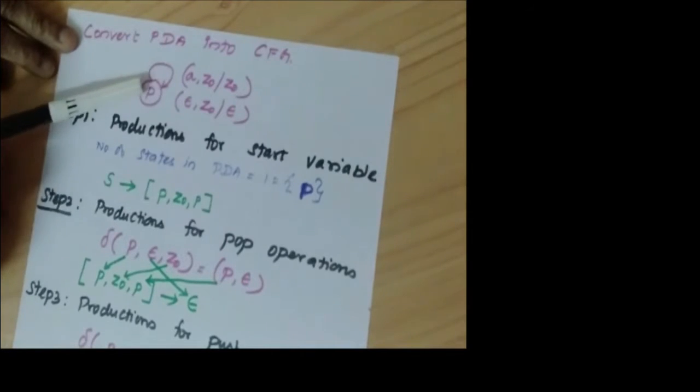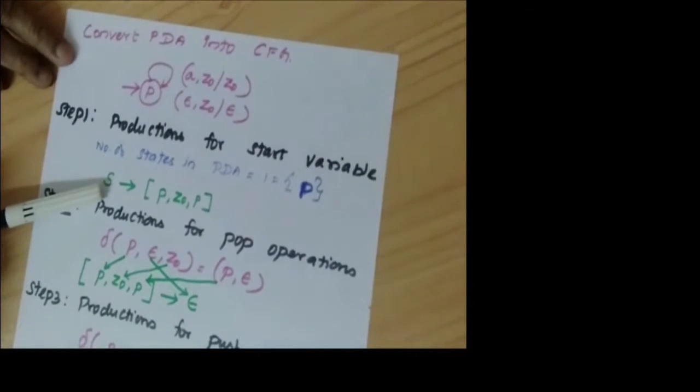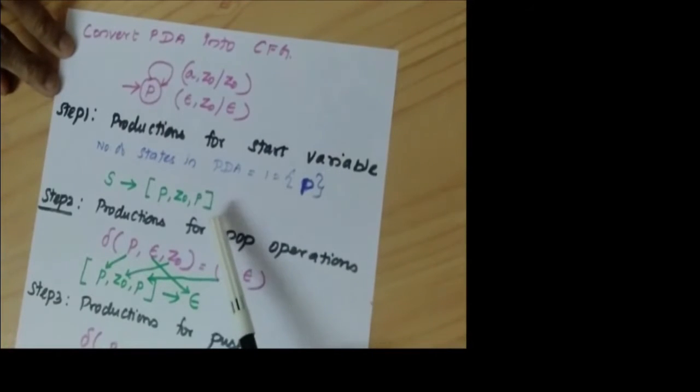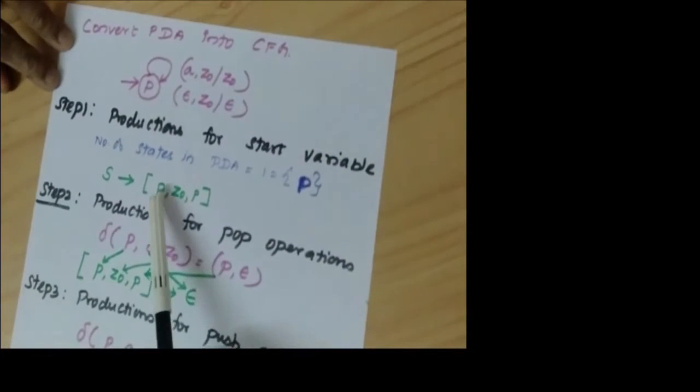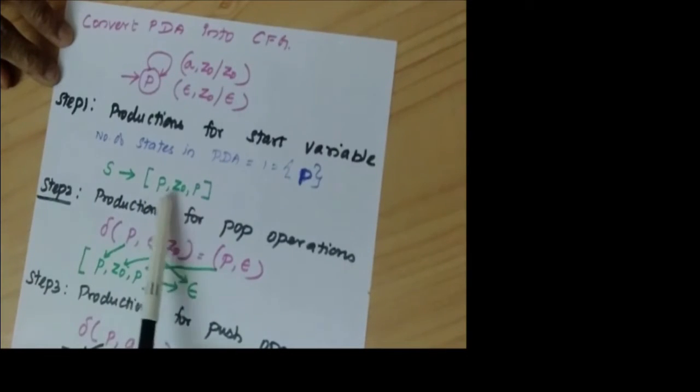If the PDA contains two states, then we will have two productions for the start variable. How to build the start variable using the states in the PDA is given here. This is the symbol we will represent as the start variable in the converted grammar. So S gives, during conversion we will form triplets.